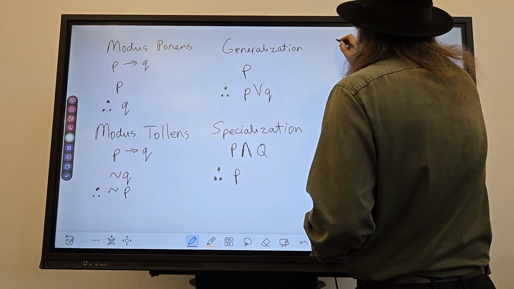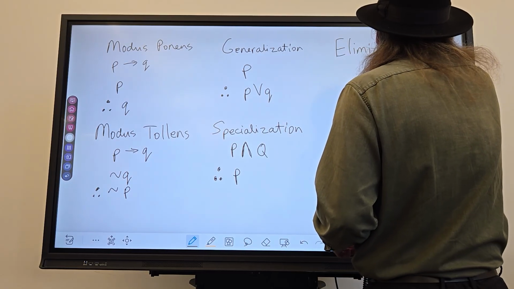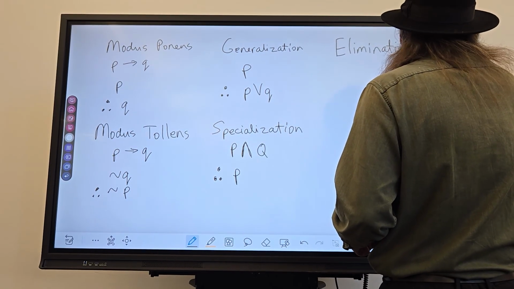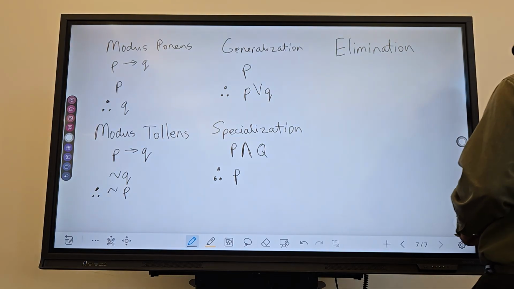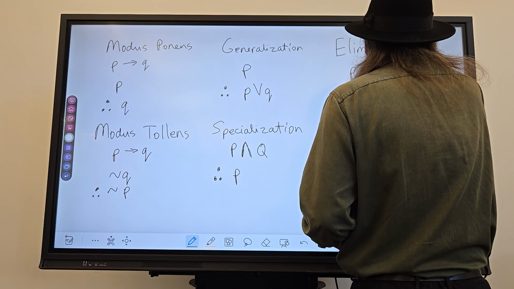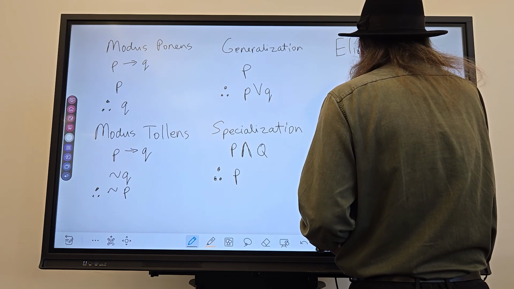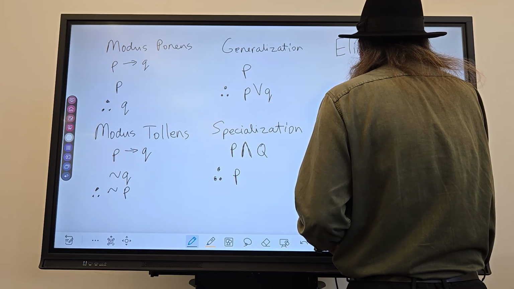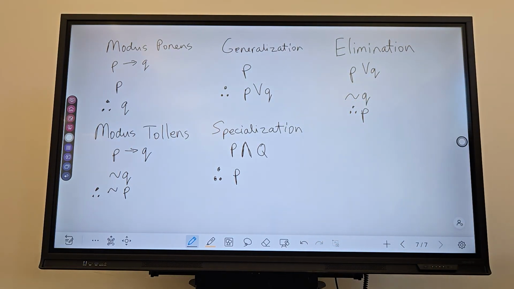Elimination. If P or Q, and not Q, therefore P. Transitivity.